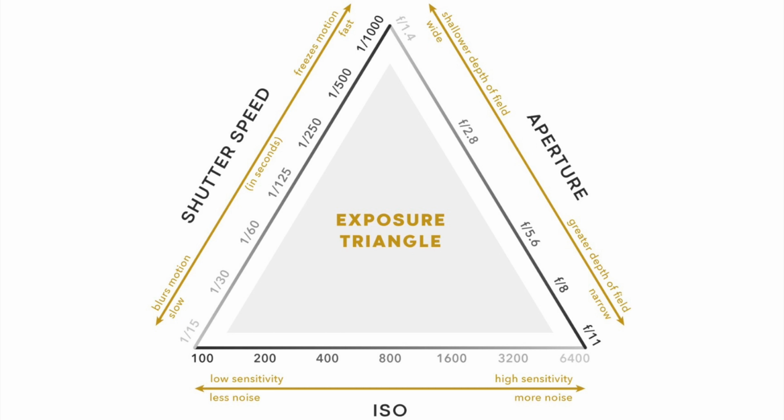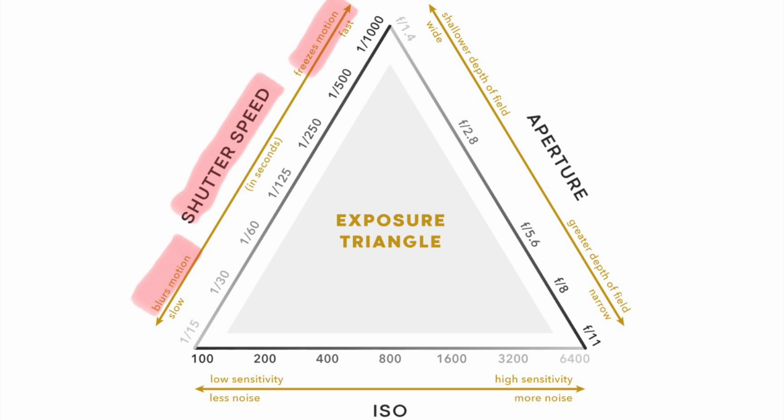There are many possible combinations of these elements' values that can result in proper exposure. Knowing which elements to adjust in order to produce the desired results is the challenge in learning photography.